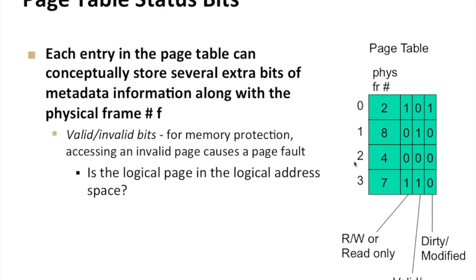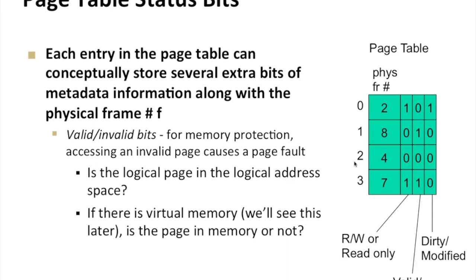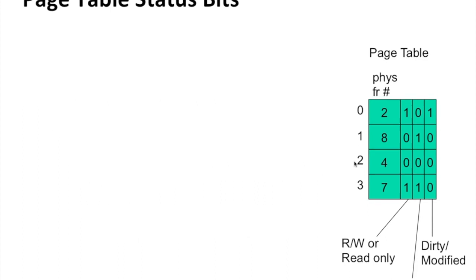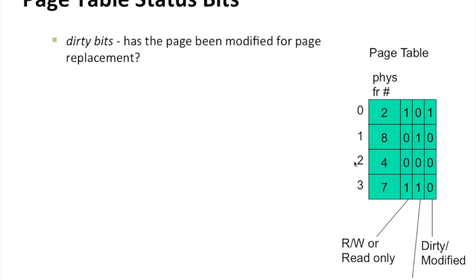The valid-invalid flag we would use for our memory protection, creating page faults when the logical page is not in the physical space. We can also see whether or not it's a real page of memory by looking up the address and seeing if it's in the page table or isn't.